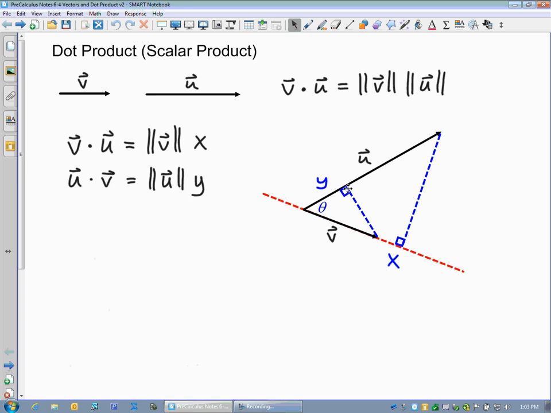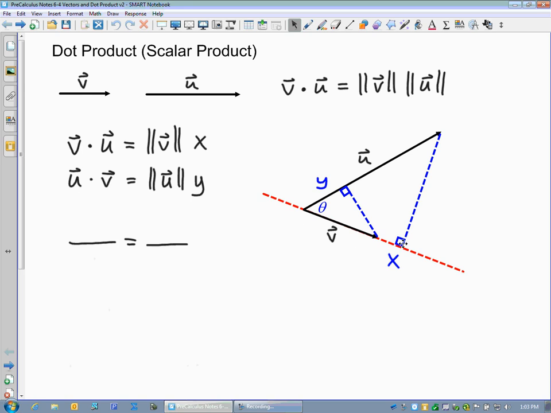Then if we compare the small right triangle to the large right triangle, we'll notice that first of all, they're both right triangles. And then this angle theta is actually in both of the triangles. So by the angle-angle postulate, these two triangles are similar, which means their sides are going to be in proportion. So we're going to set up a proportion.